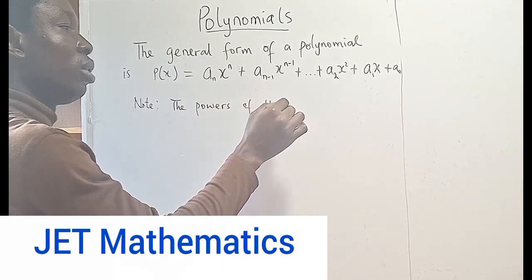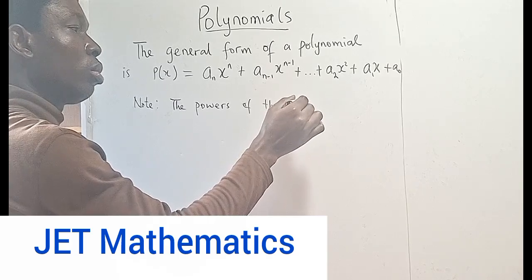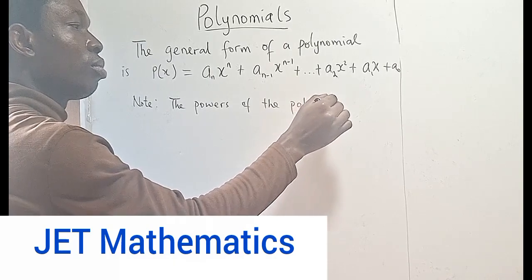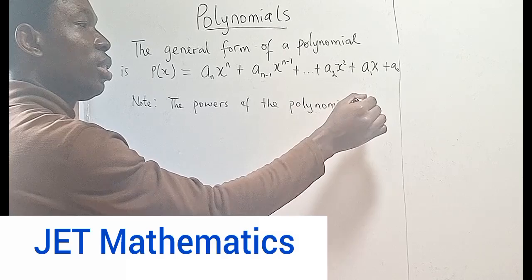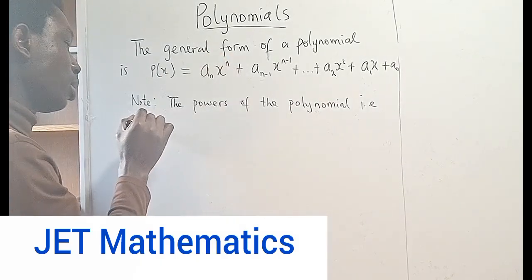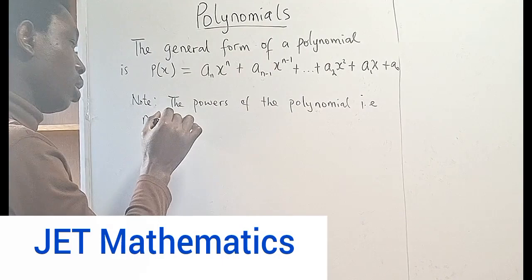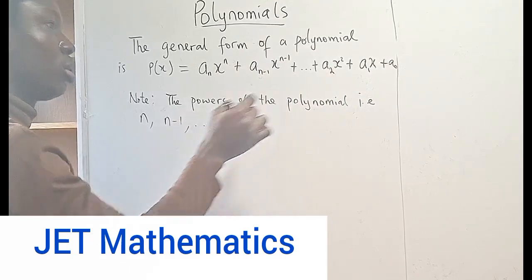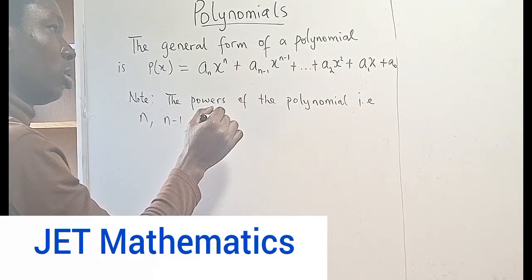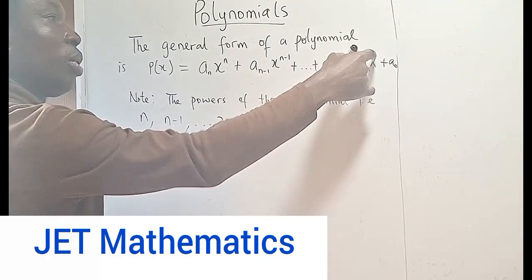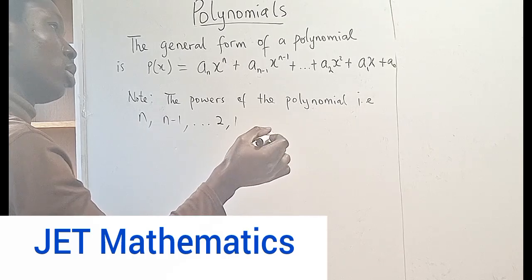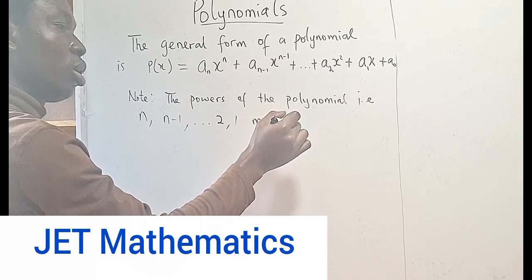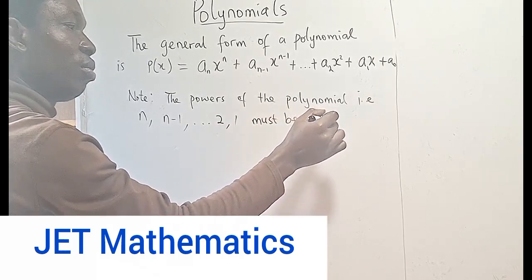The powers of the polynomial, that is n, n minus 1, dot dot dot, 2, and the power here is 1, must be positive.